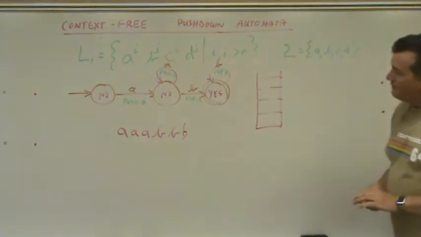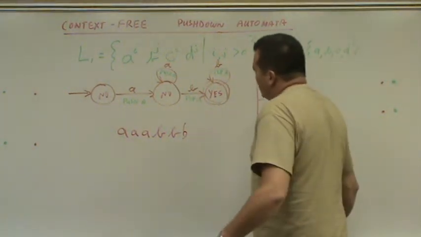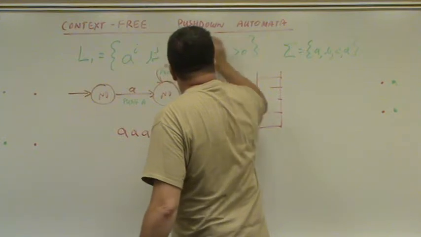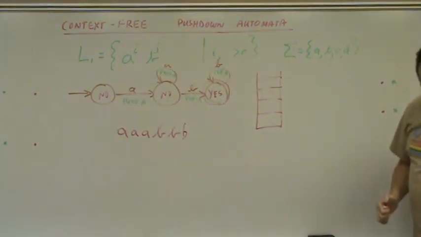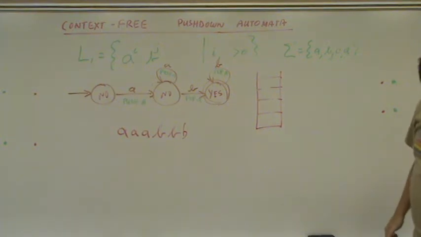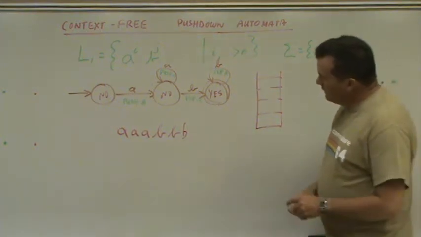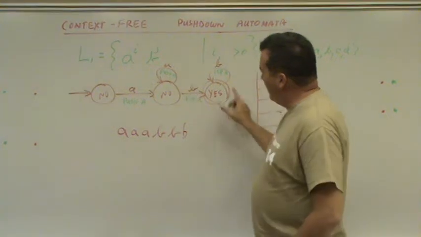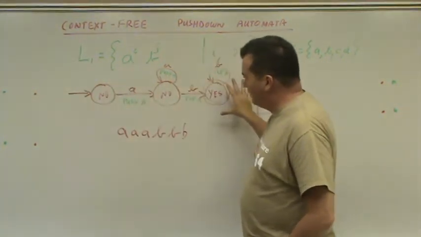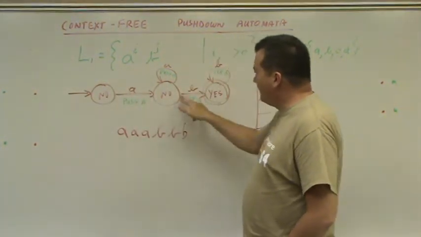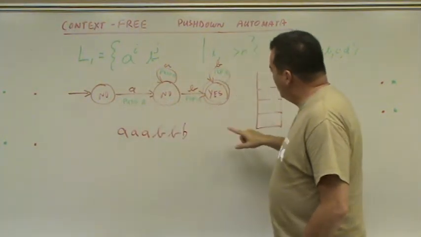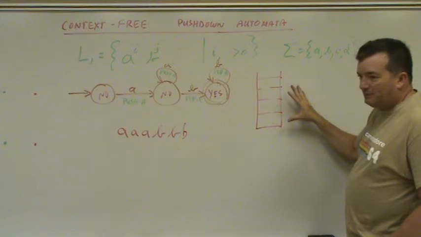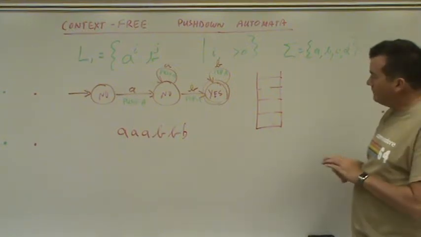So, the set of languages, let me erase this. The set of languages that can be detected by a finite automata, so that's a collection of a finite number of states, some labeled yes, some labeled no, with the addition of a restricted piece of memory, a stack.